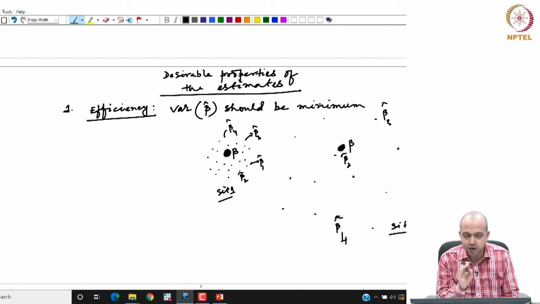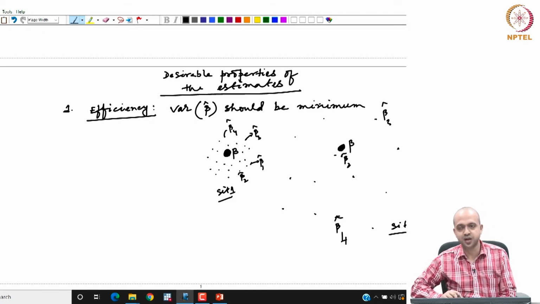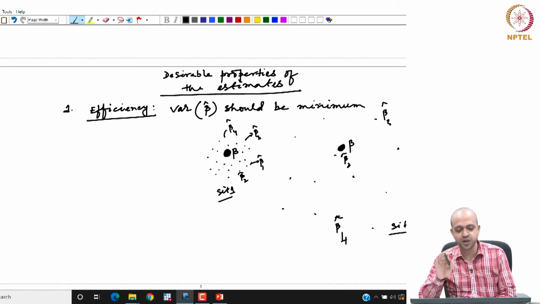Why is this required? Because when the variance is minimum, there would be preciseness in our decision making, in our inference making. When the variance is much wider, much larger, then there won't be any preciseness in the inference. That is why the minimum variance property says that the variance of beta hat should be minimum.